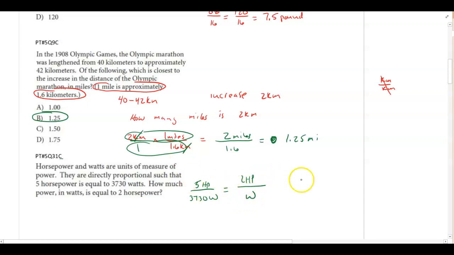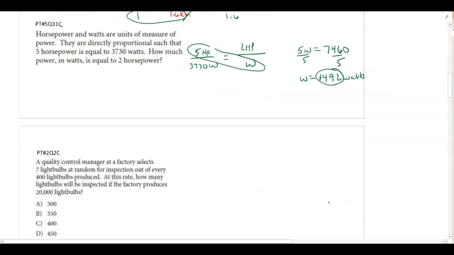So now when I cross multiply, 5W equals 3730 times 2, which would get you 7,460. And when I divide by 5, W would be equal to 1,492 watts. And it's a gridded response, so you would bubble that in.